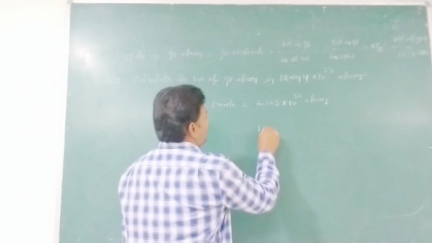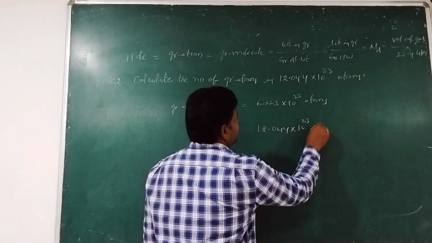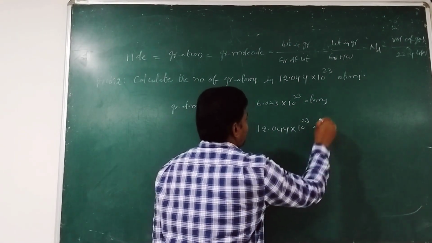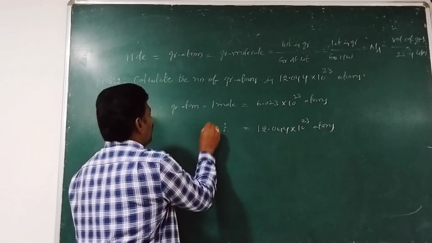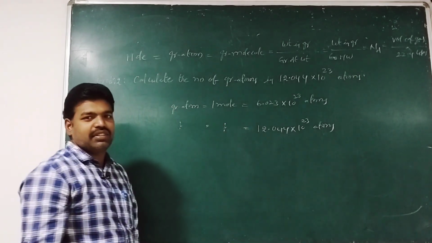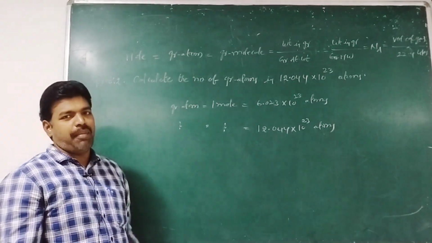Then 12.044 into 10 to the power of 23 atoms is equal to how many moles or gram atoms? Here, what they asked is the number of gram atoms.